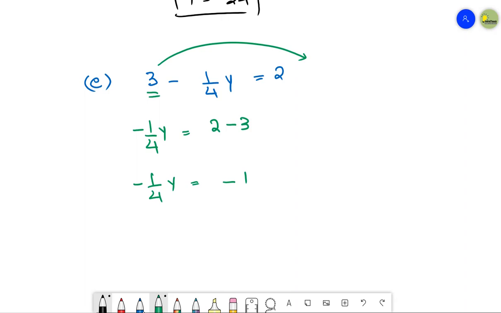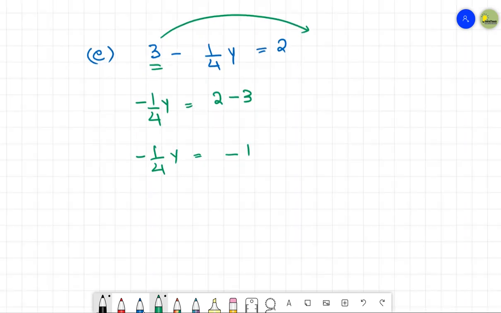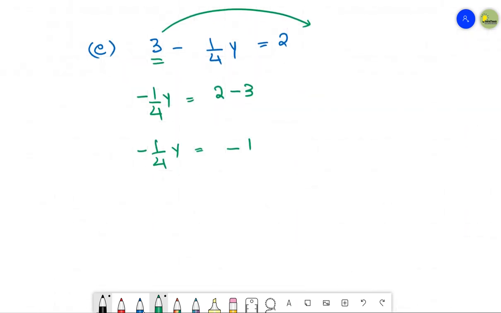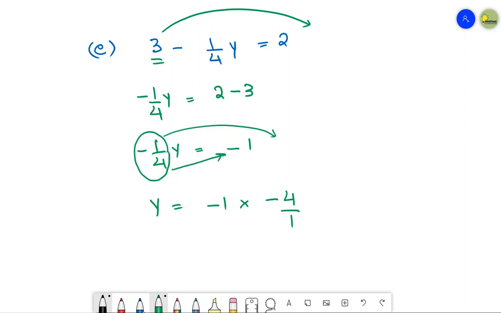Now, keep in mind when you are having two minus signs on opposite sides of the equation, you can cancel them. How? I can simply shift minus 1 upon 4 to the other side. y equals to minus 1 remains over here. It will be multiplied with minus 4 upon 1. Keep in mind when 4 is going to be shifted to the other side, you need to write it in the numerator. 4 will be written in the numerator and minus 1 will be written in the denominator, right?